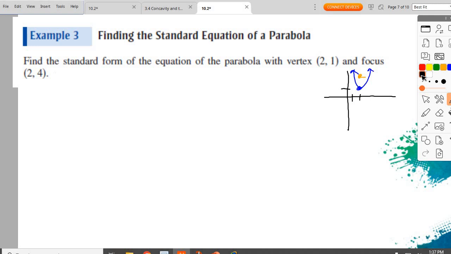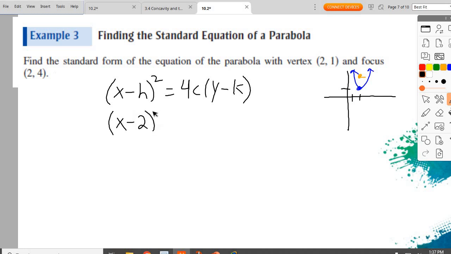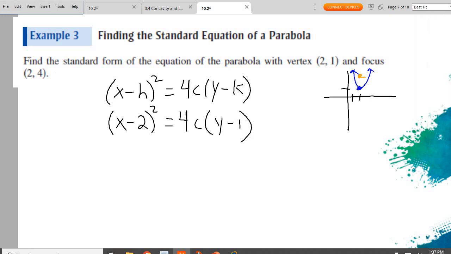So if it's opening up, which one of our variables is going to be squared? The x. Okay? So that means that we're using the x minus h quantity squared equals 4c times y minus k. Now, do we know what h and k are? Yeah, they just give it to us this time, so that's nice. So I have x minus 2 quantity squared equals 4c times y minus 1. Yes? And again, remind me, what is our c value? 3.